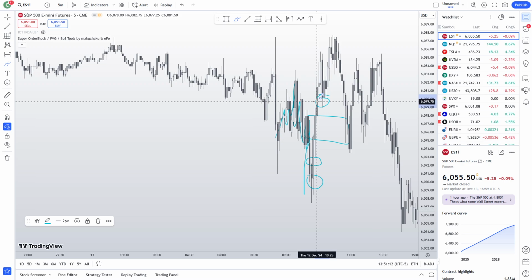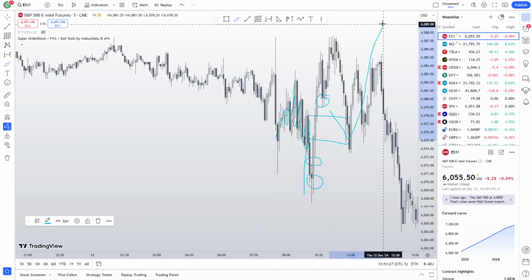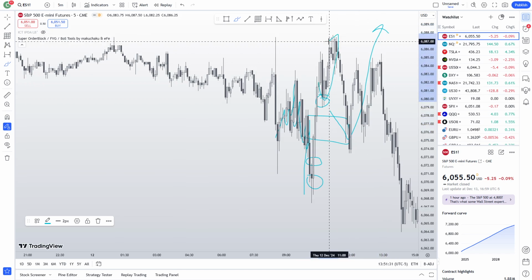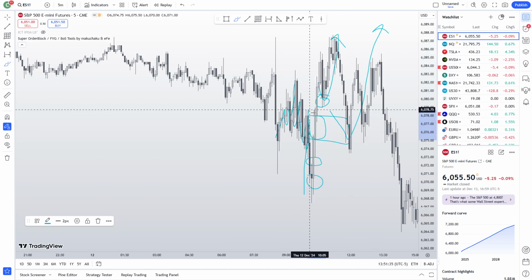What I'm saying is the idea that if the market needed to retrace to this fair value gap to continue, it would have done it. It didn't, though. It stopped at this one and then continued. So if it really needed this, it would have gotten it, because it has the ability to.